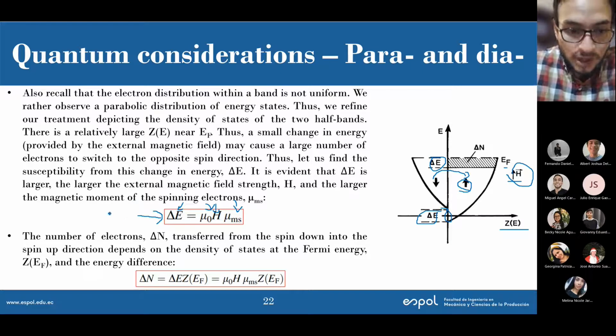So this delta n, just this number of electrons, is proportional to the changing energy and the population density, or density of states at the Fermi energy. And that is proportional to the magnetic field strength, the magnetic moment, and the population density, or density of states at the Fermi energy.